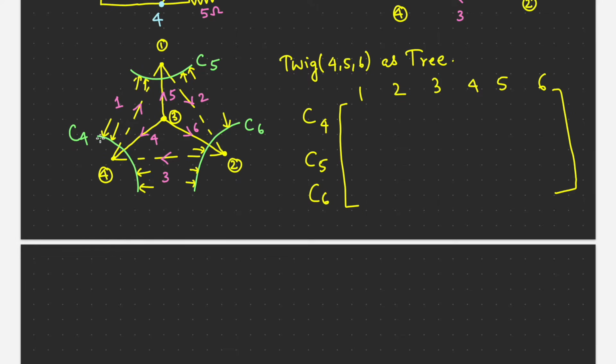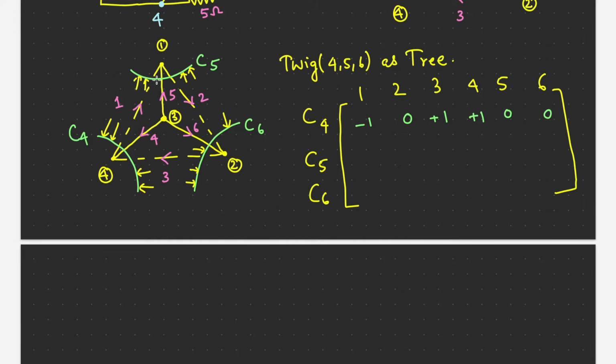Let's take the first cut set C4. Here you can see 3 and 4. 4 is +1 because it is in the same direction, so +1. 3 will also be +1, 1 will be -1, and the remaining will be 0.